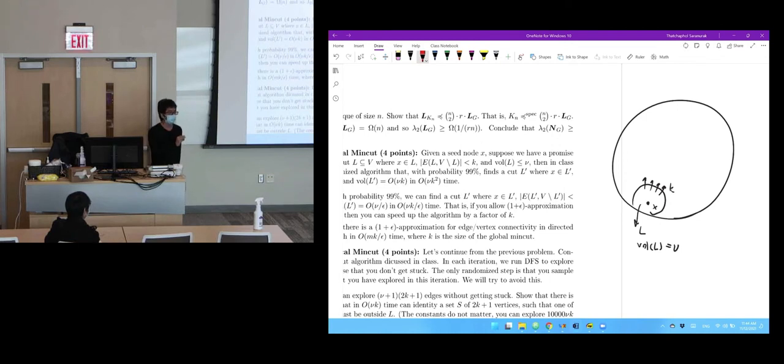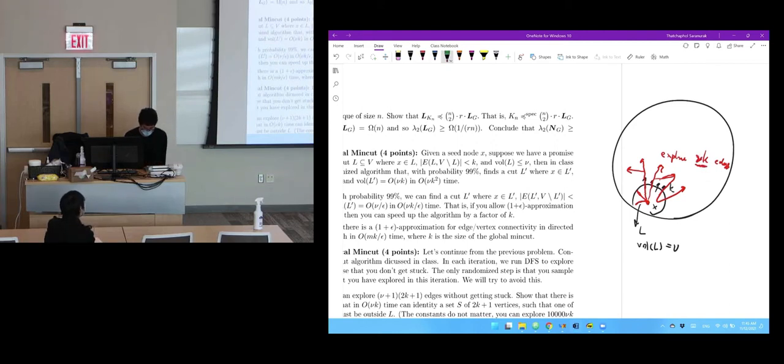So consider the algorithm in class. We do some search, basically breadth first search or depth first search, such that you explore new k edges. Maybe you might go in and go out here, but it's new k.